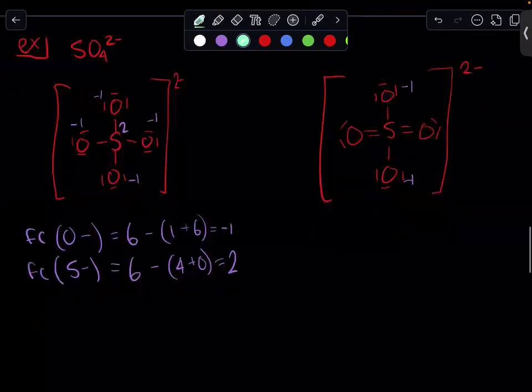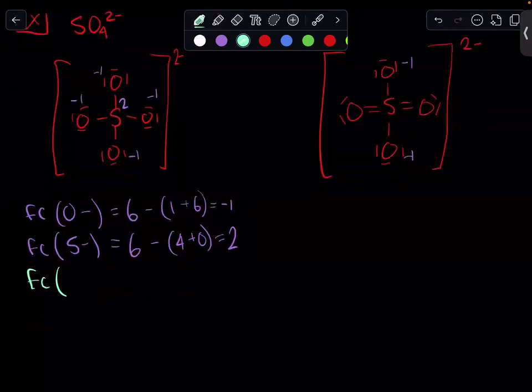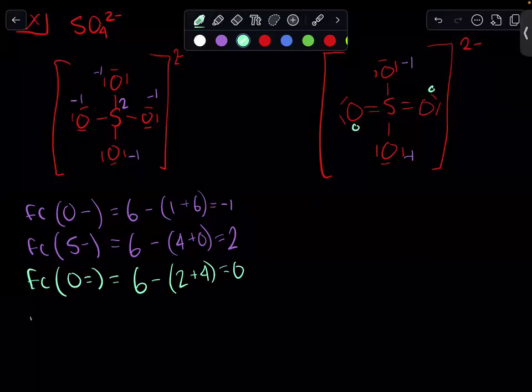All right, so now we can go to the formal charge of oxygen with a double bond. That's going to be 6 minus 2 plus 4 equals 0. So these 2 oxygens have a formal charge of 0. And finally, the formal charge of sulfur with the double bonds is going to be 6 minus 6 plus 0, which again is 0.